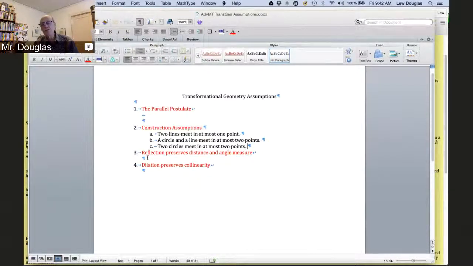And then we're going to assume, this is brand new, in terms of when you took geometry, this was not one of the things that you did, that reflection preserves distance and angle measure. And we also need to assume that dilation preserves collinearity, I think, unless you guys can figure out how to prove it. Okay? So this is our tentative list of assumptions, and we're going to need to possibly add to these as we go along, or take some away if we manage to prove them. Okay?